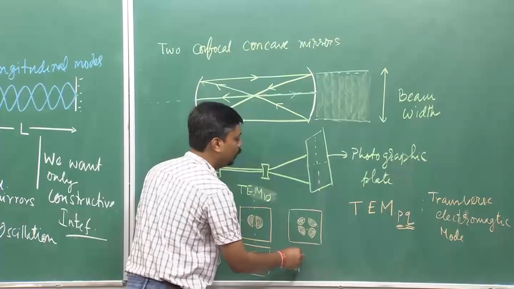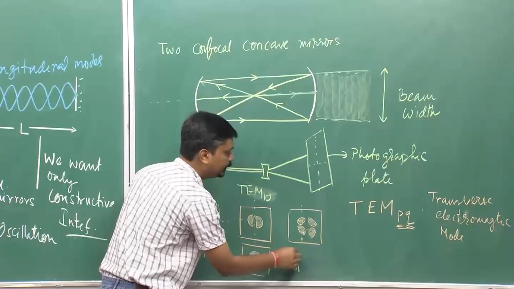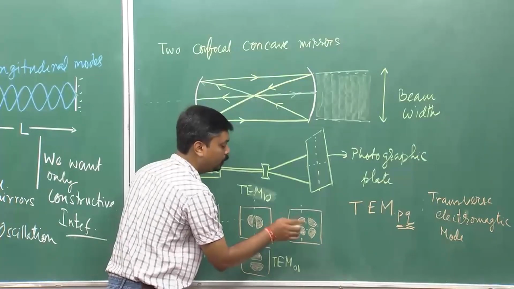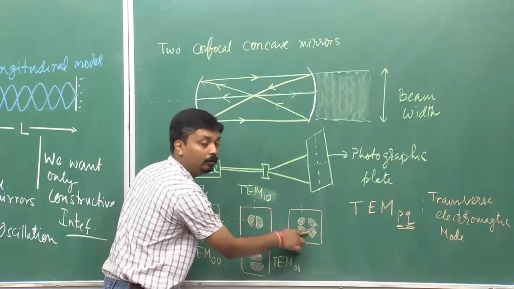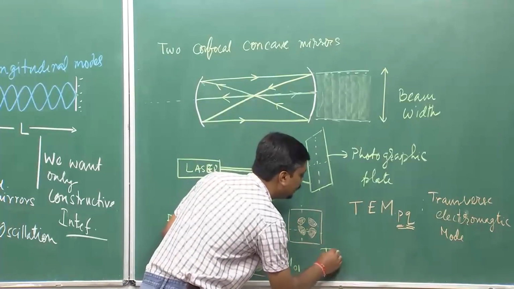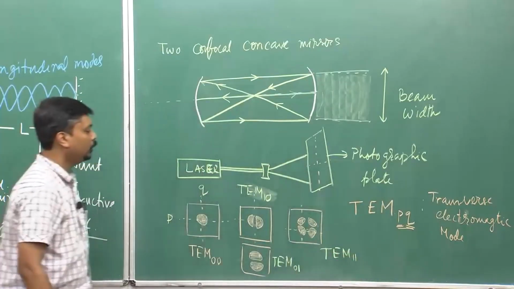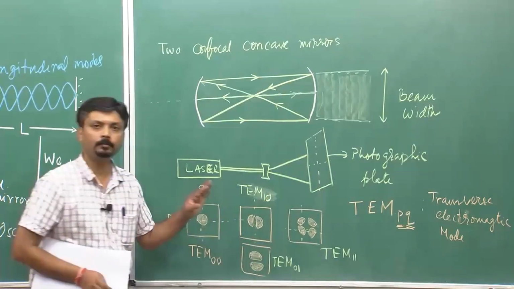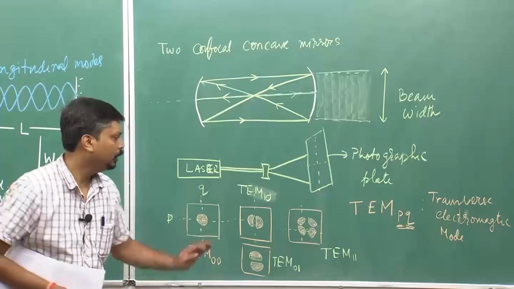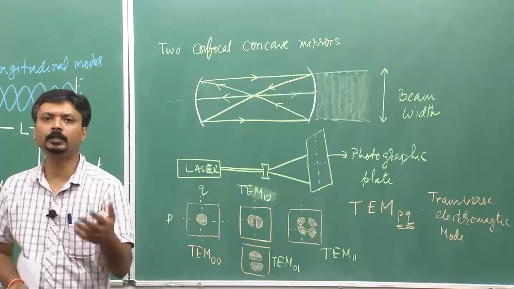If you cross this direction, there is one node. If you cross this direction, you have another node, correct. So, this is essentially TEM11 mode. So, you can keep constructing. Knowing these preliminary few modes, you can keep on constructing other types of modes that are possible.